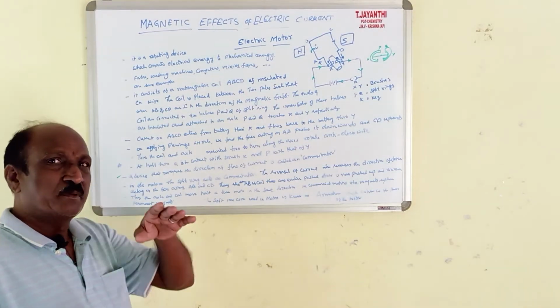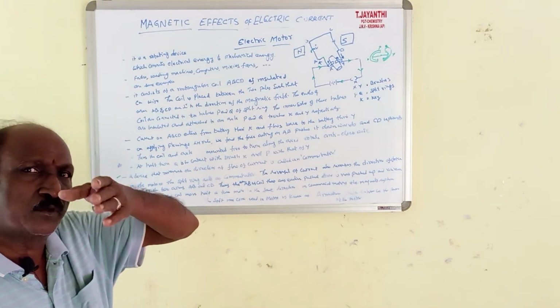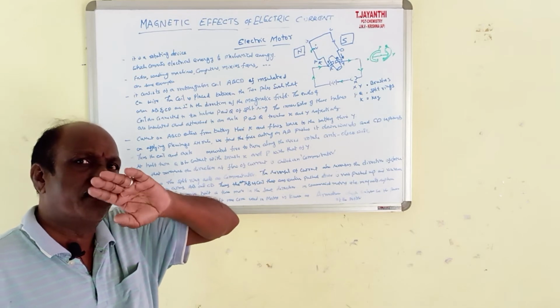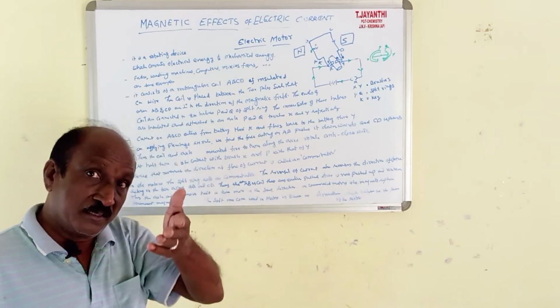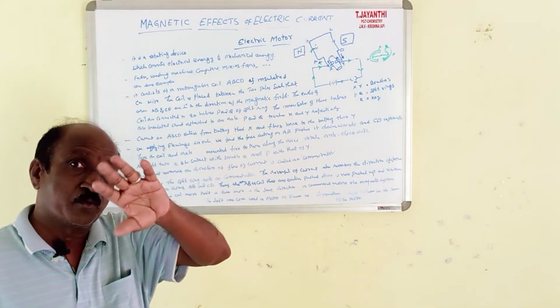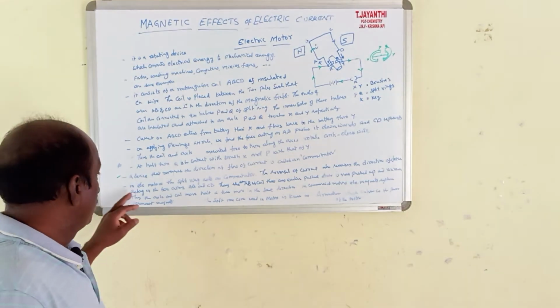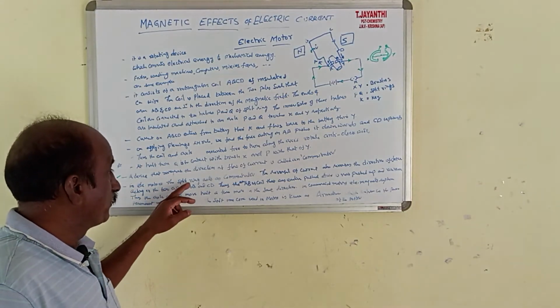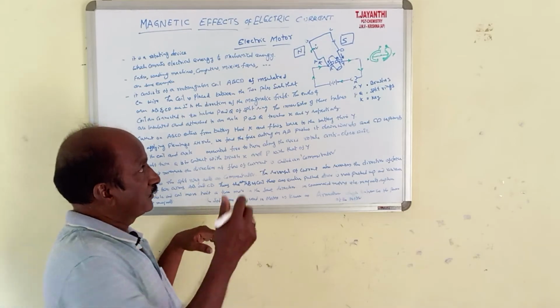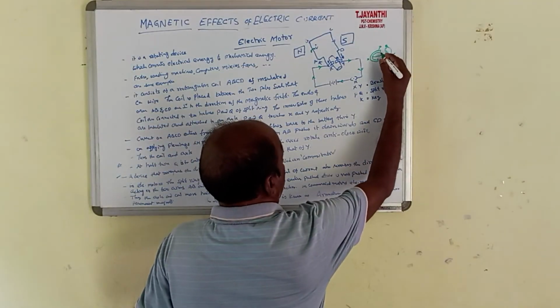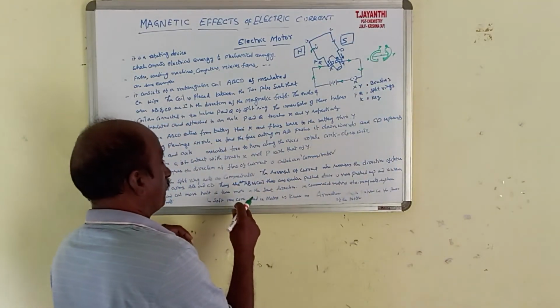So here what is happening is it is rotating just half the rotation in addition to the normal rotation. In electric motors the split ring acts as the commutator. Here the split ring, you see this one, acts as the commutator.